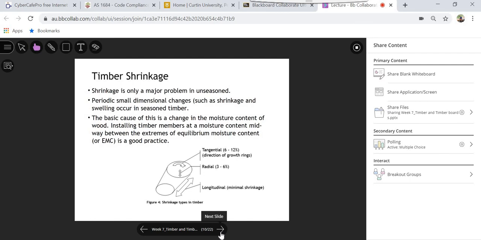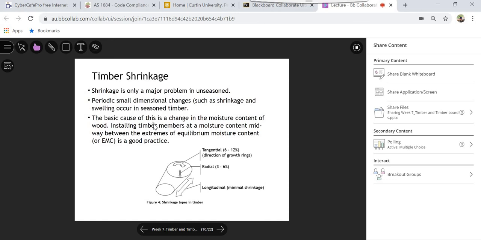Shrinkage, as I said, is because of drying. We talk about shrinkage in detail when it comes to concrete, and in timber we also have shrinkage because of moisture changes. As I said before, if we use seasoned timber, shrinkage is not a big problem.